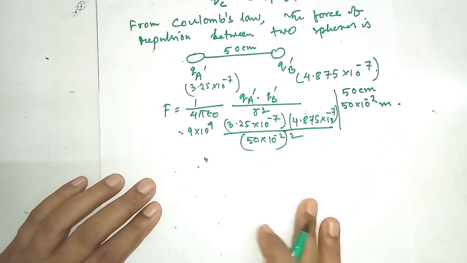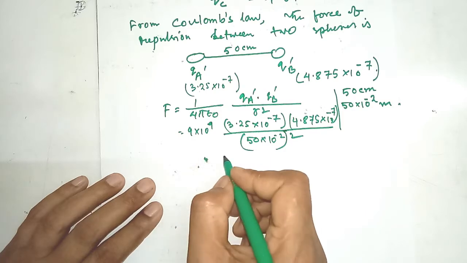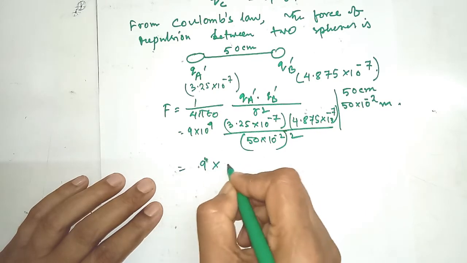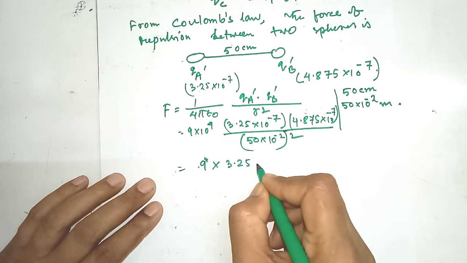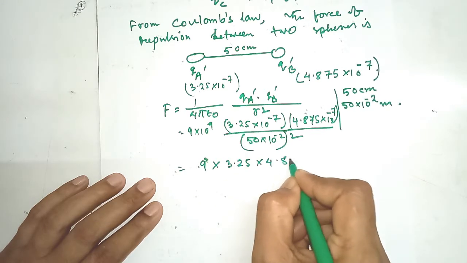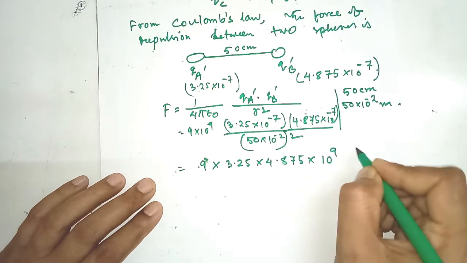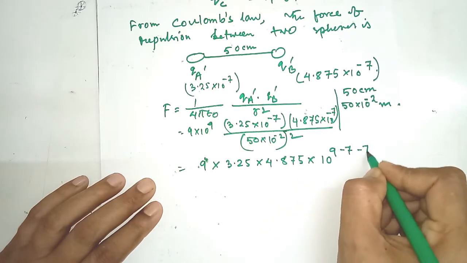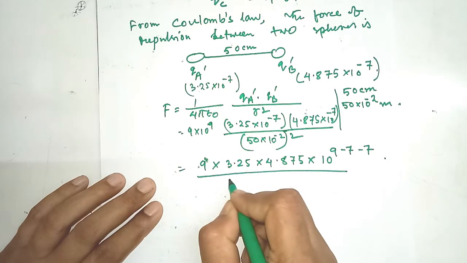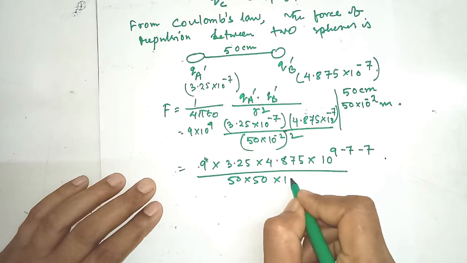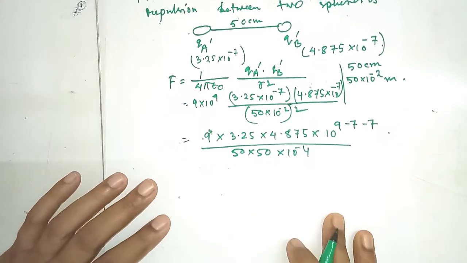Okay, so इसको हम लिख सकते हैं 9 into 3.25 into 4.875 into 10 to the power 9 minus 7 and divided by 50 into 50 into 10 to the power minus 4.